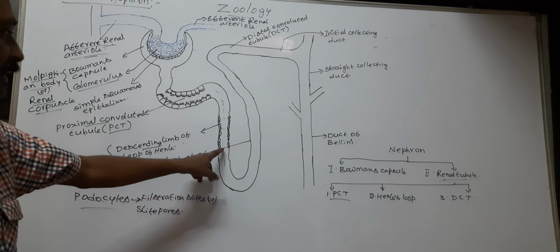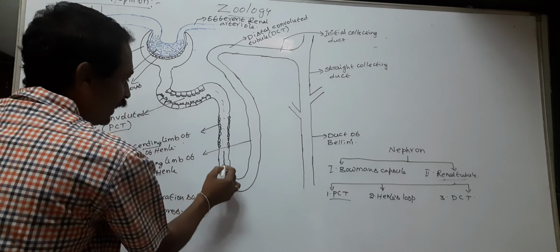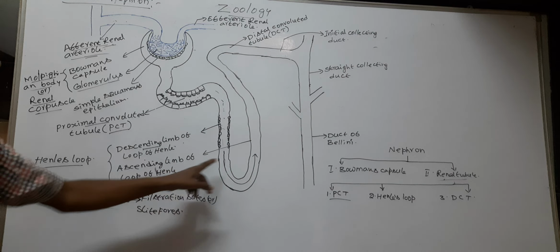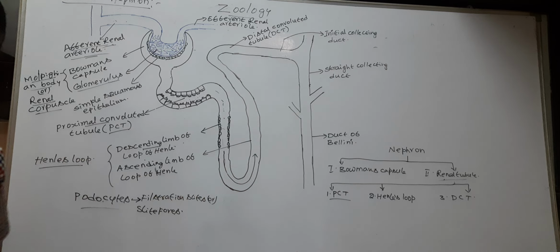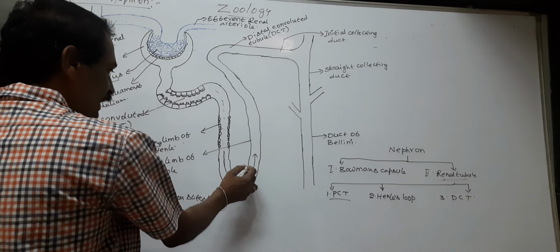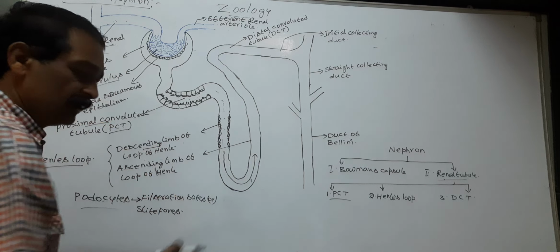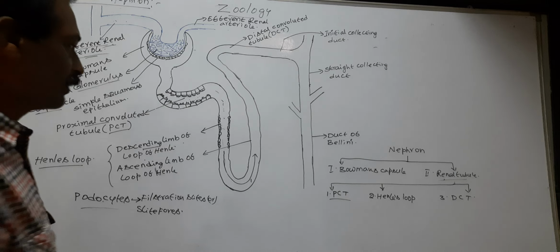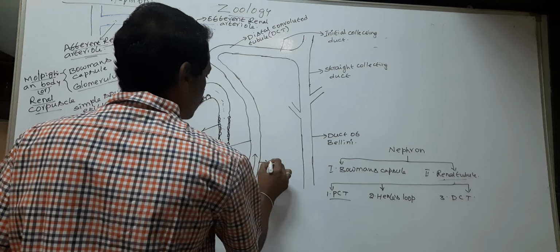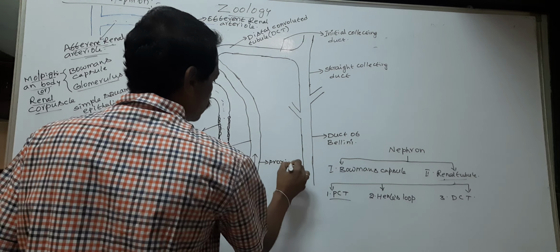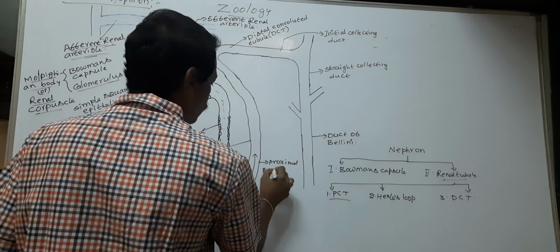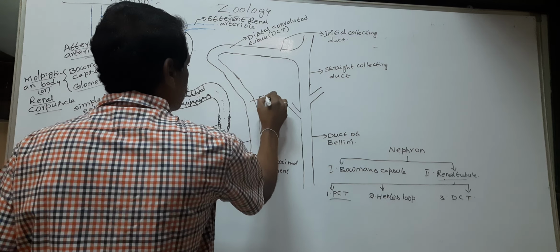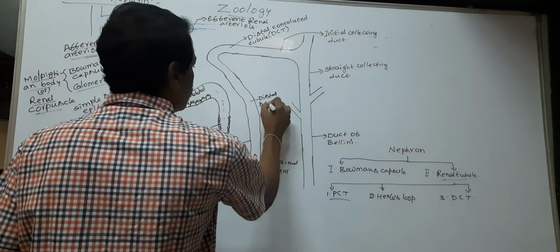Next, the descending limb of loop of Henle opens into the ascending limb of loop of Henle. Here, the ascending limb of loop of Henle has two segments. This is the proximal segment. This is the distal segment.